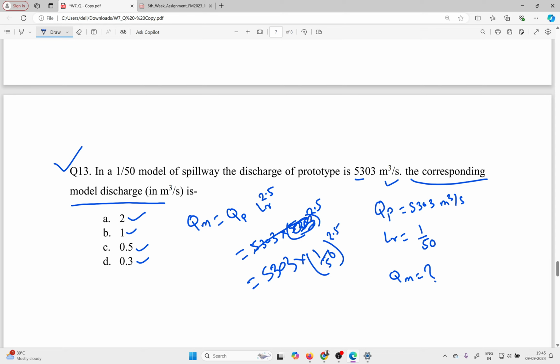Let me calculate. 1 divided by 50 to the power 2.5 into 5303. It will become 0.299. So almost you can say 0.3 meter cube per second. So it is very easy.